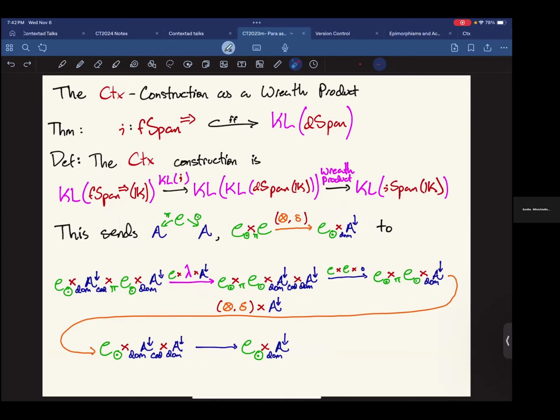So the classical version of this result that you're talking about, it would be span of sets, and I take KL of that. Mm-hmm. Okay. Yeah. So Lack and Street considered that case, and they show that you can compute KL of span set in a nice way: it's the Kleisli 2-category of the free coproduct completion comonad.